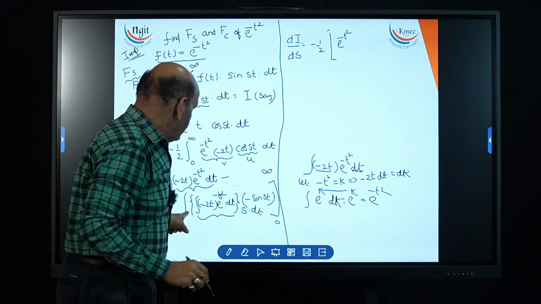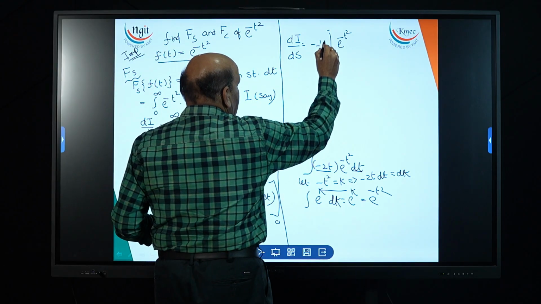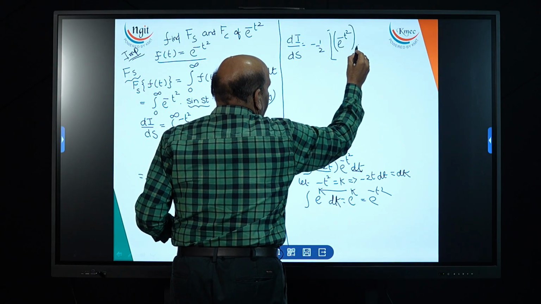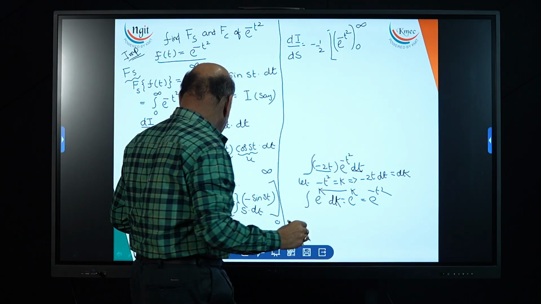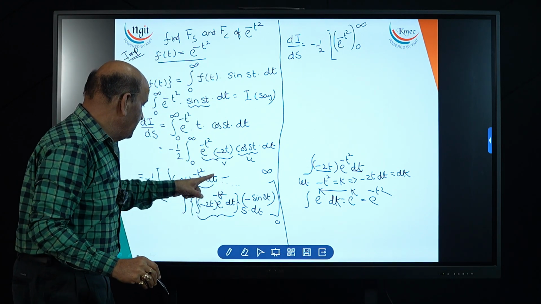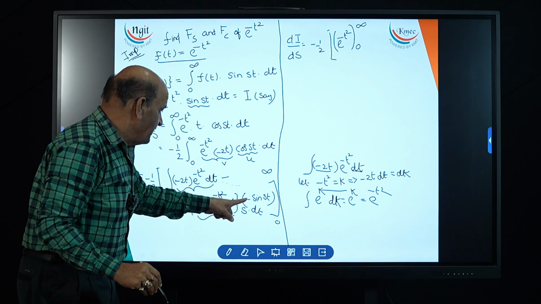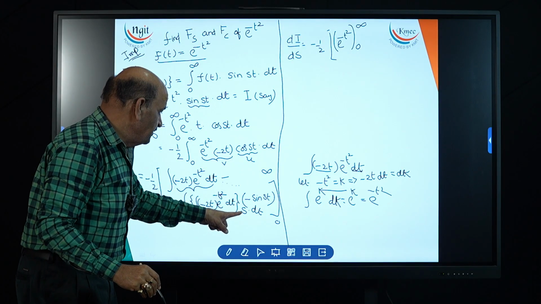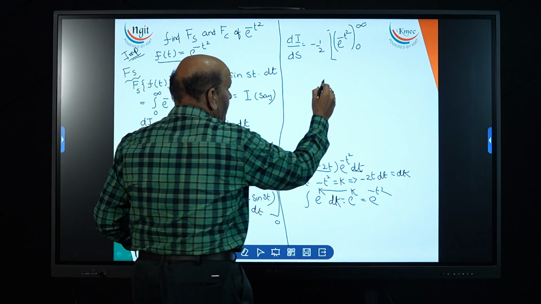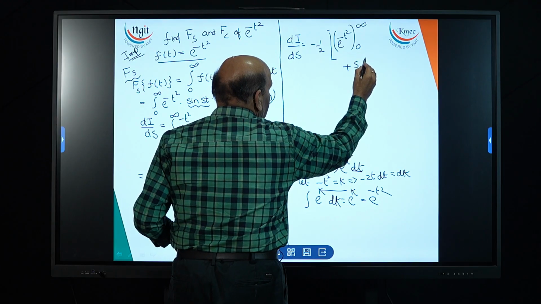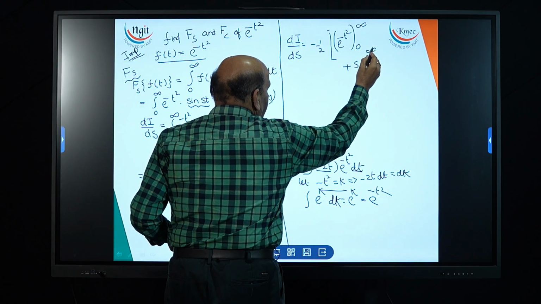Now here, the limits are 0 to infinity. Next, dt, minus this will become plus s into the integral from 0 to infinity.